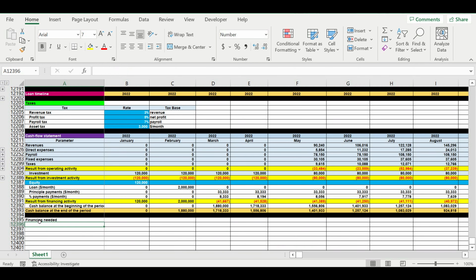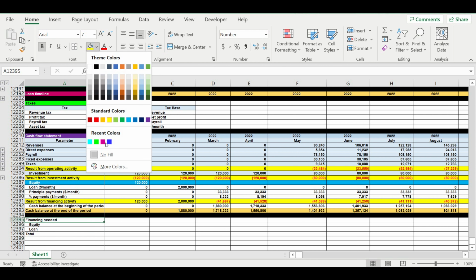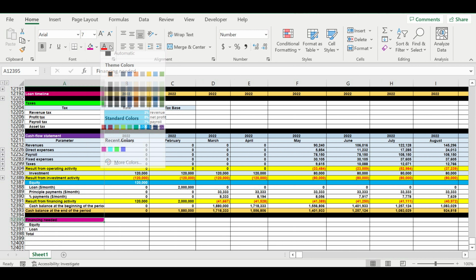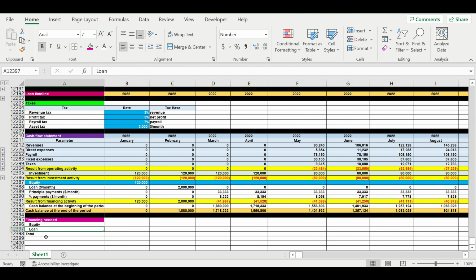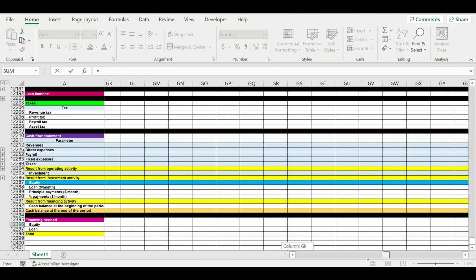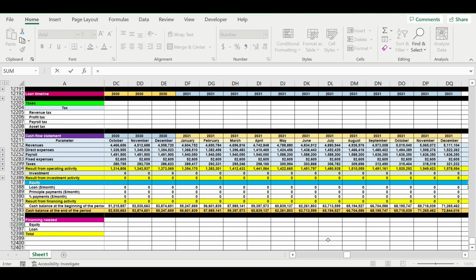Financing needed: equity, loan, total. So we can put the values from the end of the timeline.